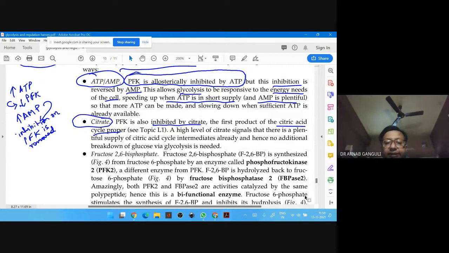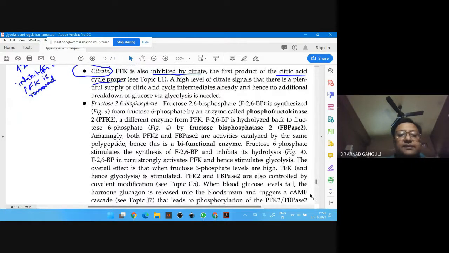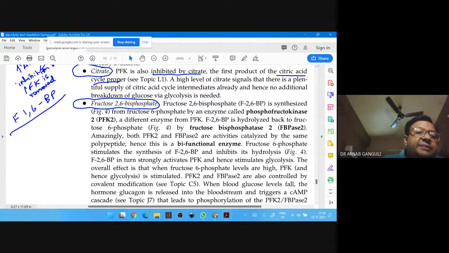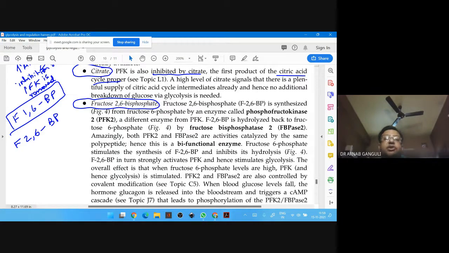And the next is fructose 2,6-bisphosphate. Not fructose 1,6-bisphosphate. This is the intermediate product, but this is fructose 2,6-bisphosphate. So the second carbon has got the phosphate, not the first carbon of fructose. It is synthesized from fructose 6-phosphate by an enzyme known as phosphofructokinase 2, PFK2.